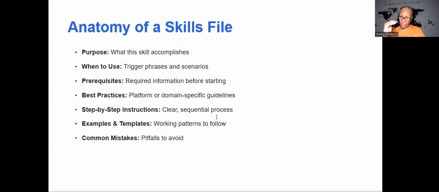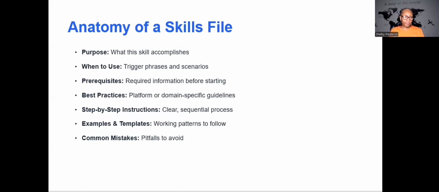Like, okay, well, as long as I'm talking about this topic right here, you are not to reference anything that is new age, anything that is and so on and so forth. So you want to give it the pitfalls to avoid. But this is the anatomy of what a skill file is.